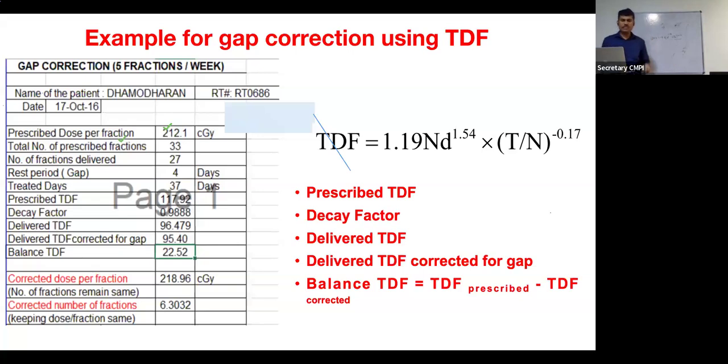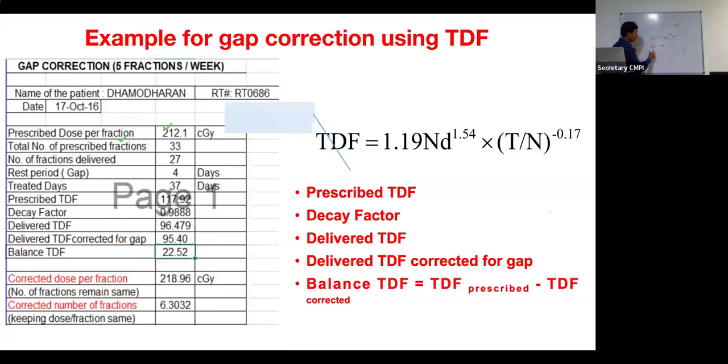Now, because of certain reasons, after some 20 fractions, the patient took a break of 10 days. An unintentional break because of some other disease or other issues. Because of this 10-day break, we need the delivered TDF first.